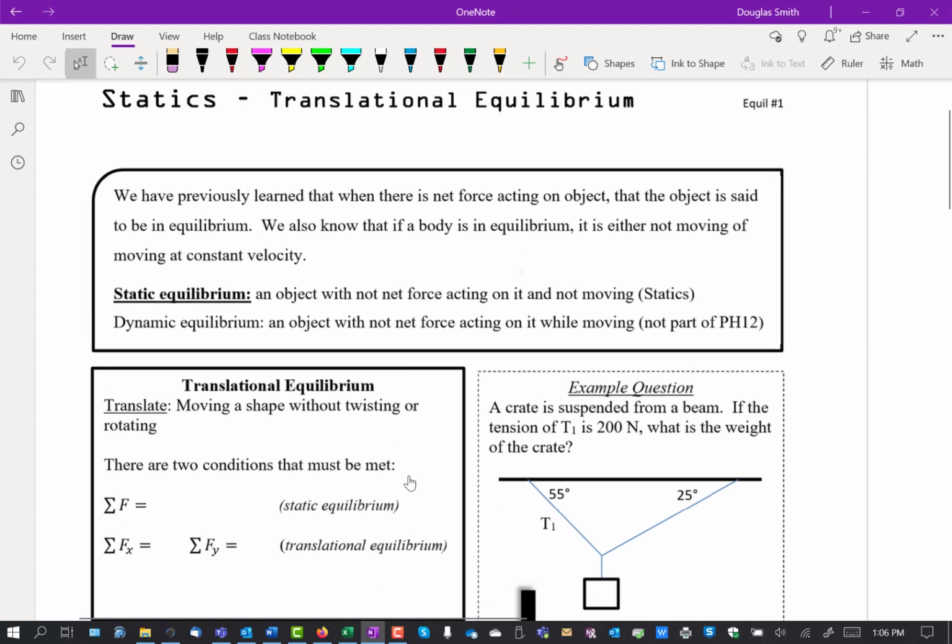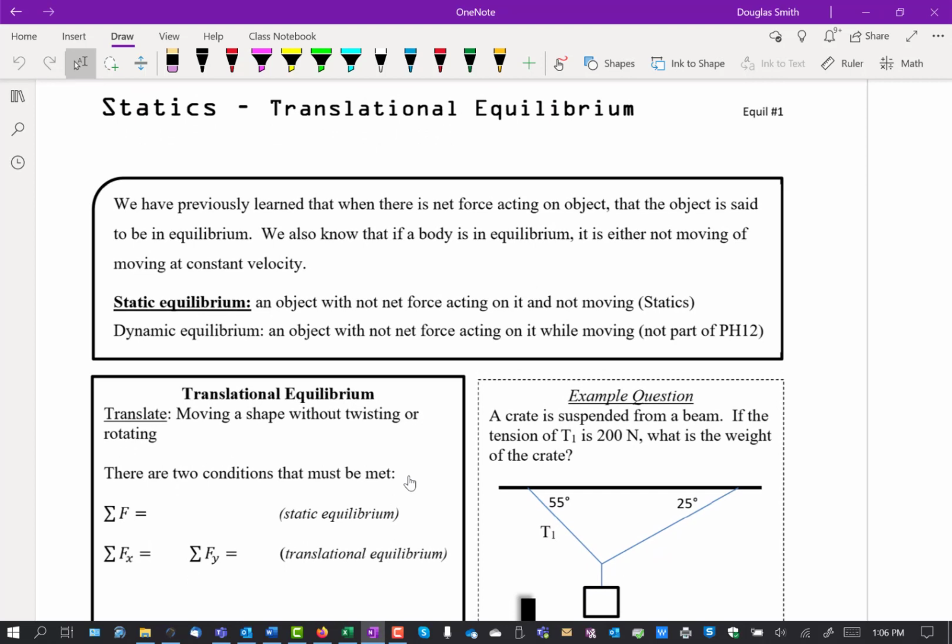And so in this idea of statics, it means there's no net force. That means things are balanced. Like if you had an object with forces F1 and F2, and this object had balanced forces, then F1 and F2 are equal, or F net is equal to 0. Sometimes instead of writing F net, I use the capital sigma.